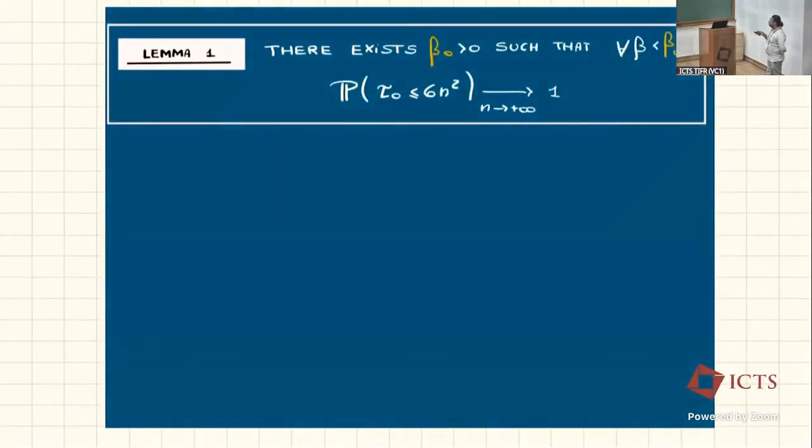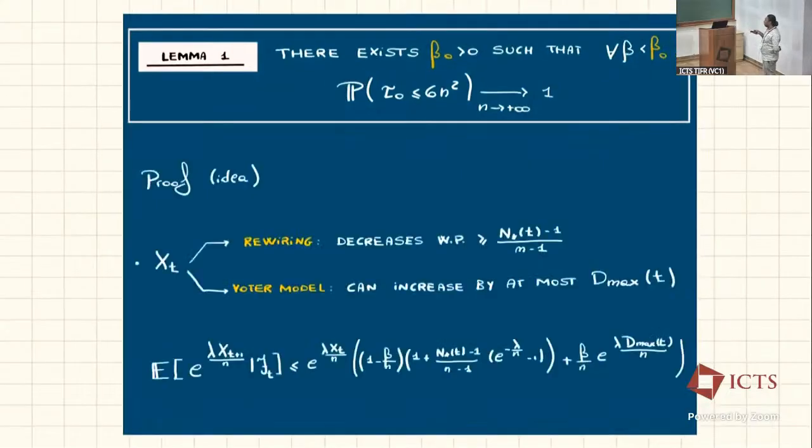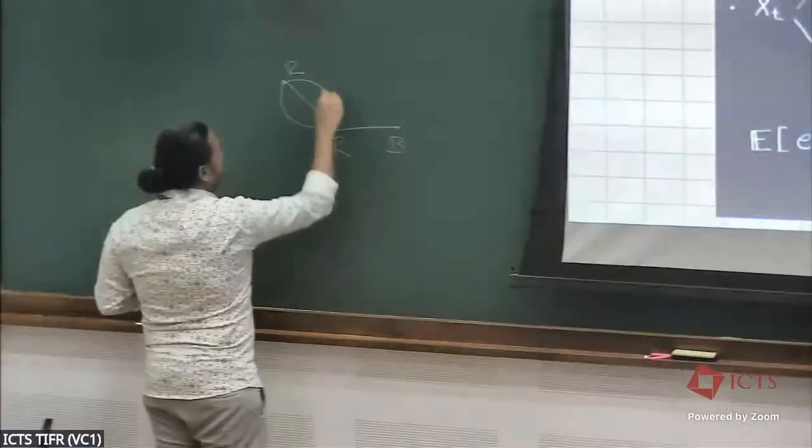So the first lemma is: there exists beta naught small such that for all beta less than beta naught, tau naught is less than or equal to 6n squared. Observe that x_t is the number of disagreeing edges at time t. If you perform a voter model step, what can happen is you pick a disagreeing edge. Suppose this is red, this is blue, and suppose this is also red, and this has multiple edges.